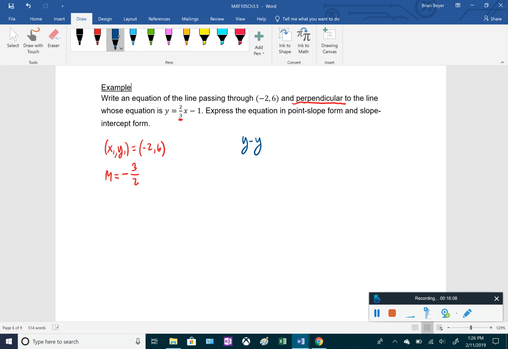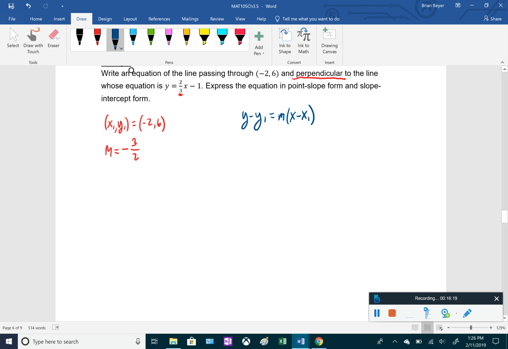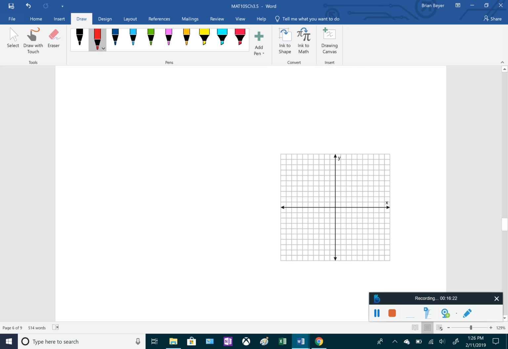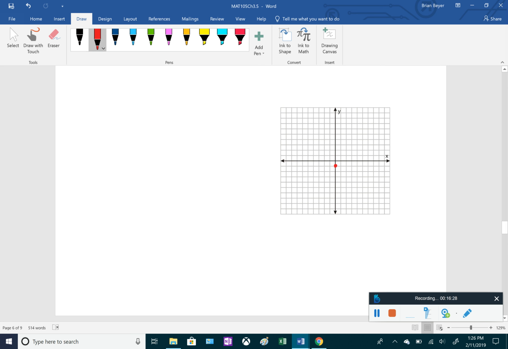So we're going to be using point slope form again. And let's graph it just to get an idea. So the first one, y equals 2/3 x minus 1. So y-intercept of -1, slope of 2/3, up 2 to the right 3.